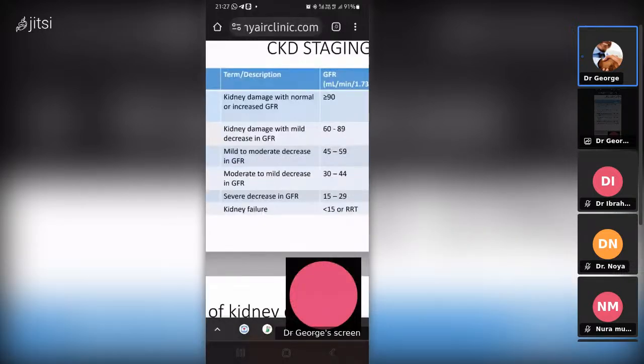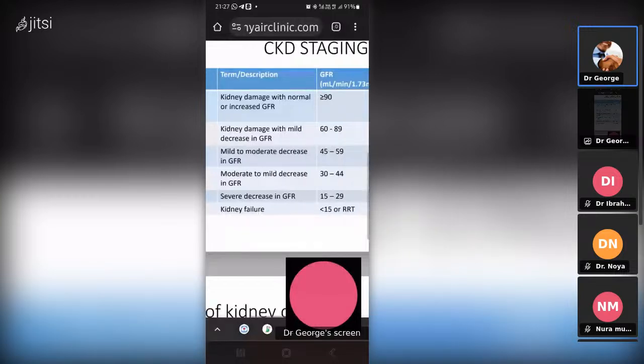That's stage one. Then stage two, you have kidney damage with mild decrease in GFR. What they mean by mild decrease in GFR is GFR ranging between 60 to 89, right? So greater than or equal to 90, stage one; stage two, 60 to 89.